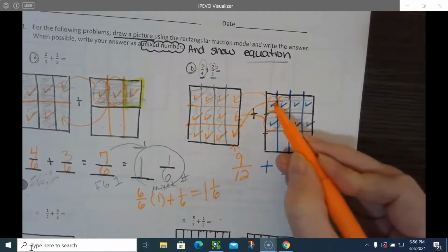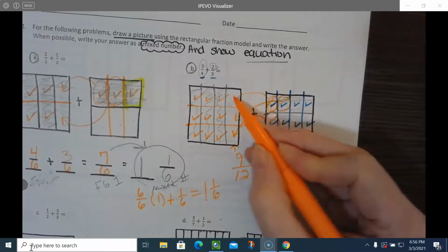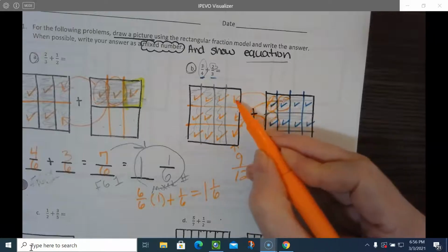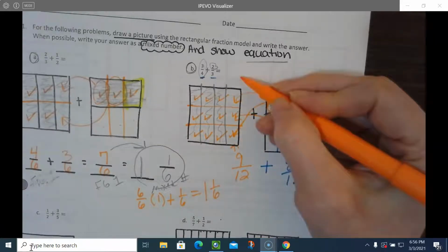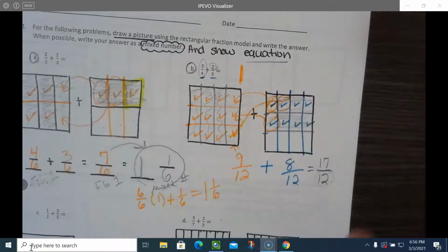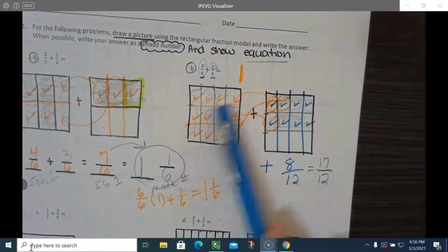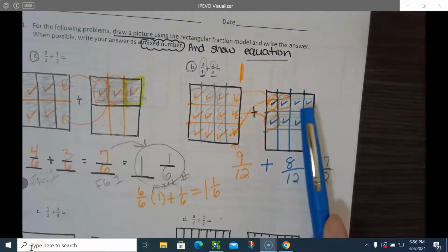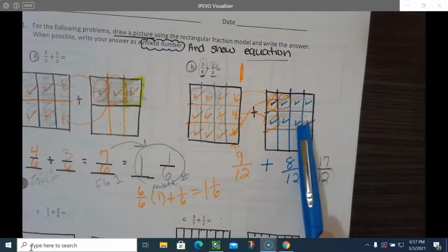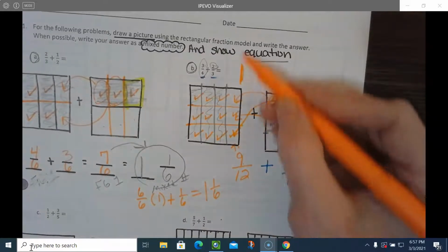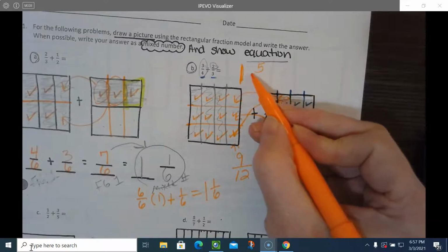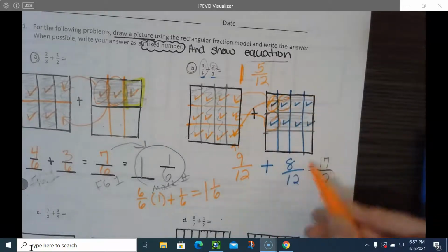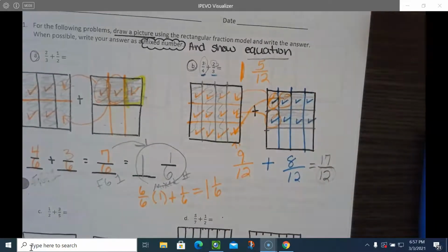And if I get rid of those 3 parts and just replace them over here, now I have one whole fraction bar that is complete with how many left over? 1, 2, 3, 4, 5. So my answer is one whole with 5 out of 12 partitions for the next one.